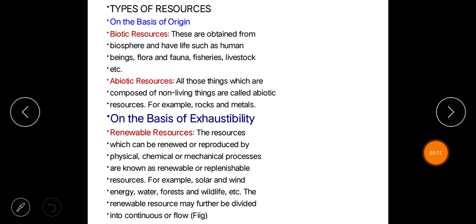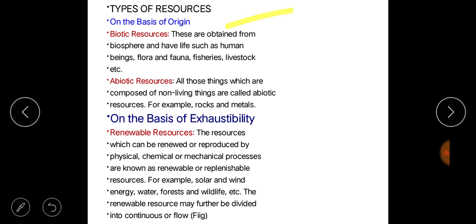Now, types of resources. I gave you the classification earlier; first we will see it on the basis of origin. First is biotic resources. These are obtained from the biosphere and have life, which are living.